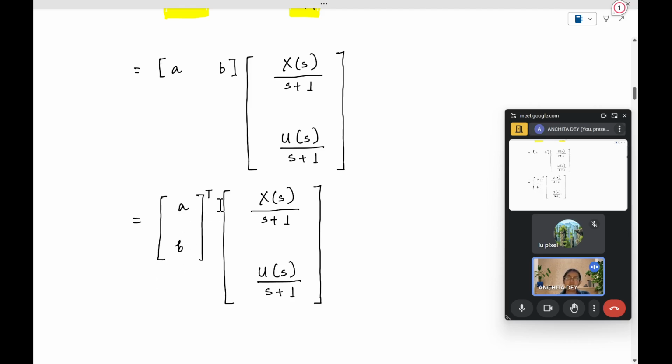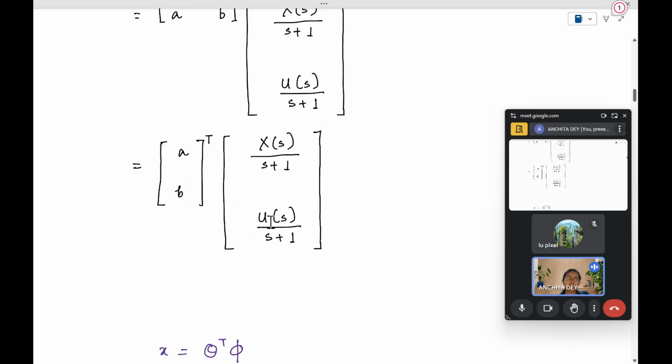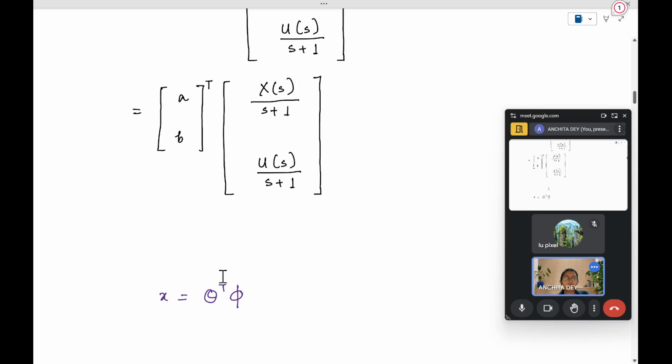So a b transpose and then x of s by s plus 1, and here you have u of s by s plus 1. And if you recall, in the question we were given that x can be written in the form of theta transpose phi. So it is kind of clear to us now.